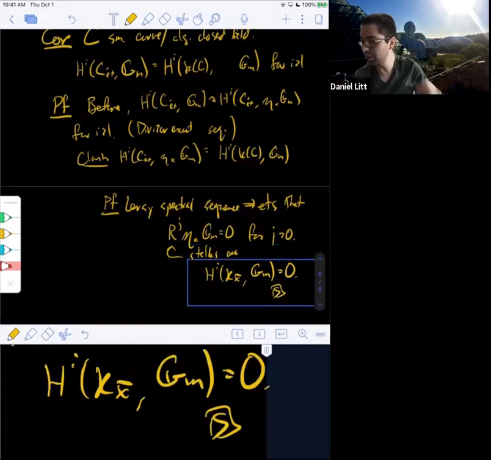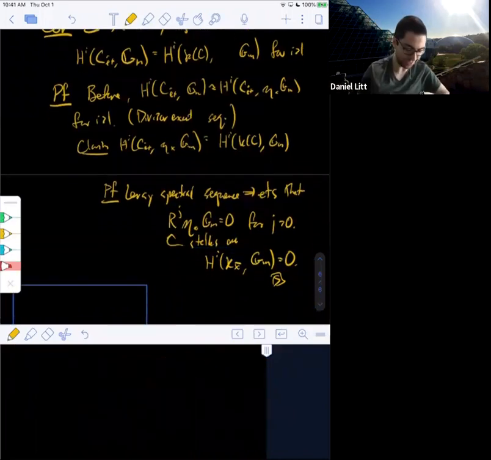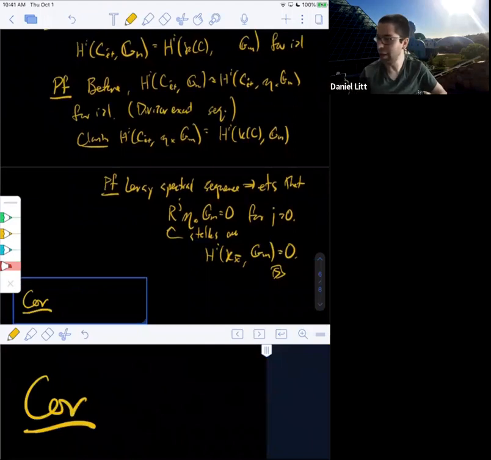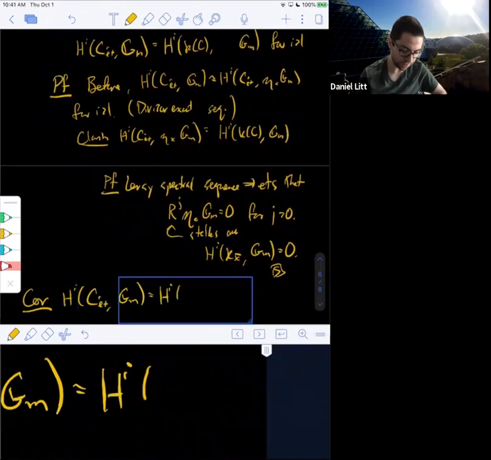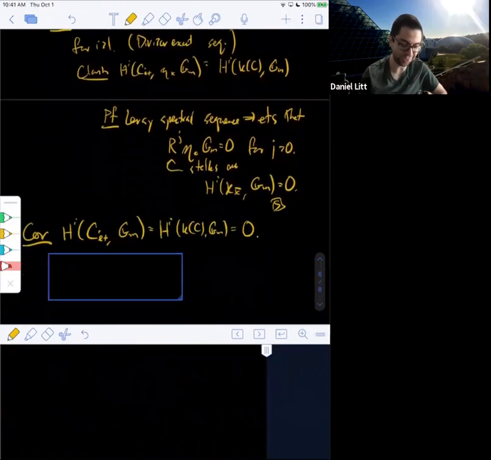Are there any questions about that? Okay, so now we're in really good shape. Now we get the corollary that H^i of C étale with coefficients in Gm, well, we just showed this is the same as H^i of K of C with coefficients in Gm. But that we just showed is 0 also.